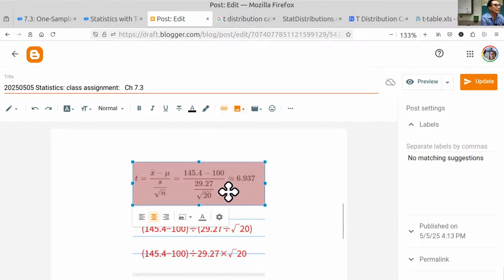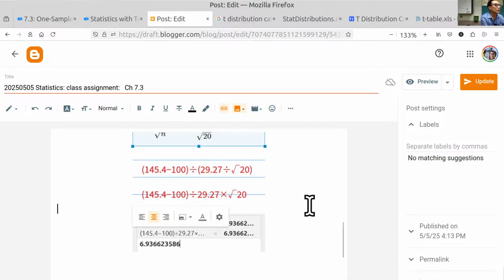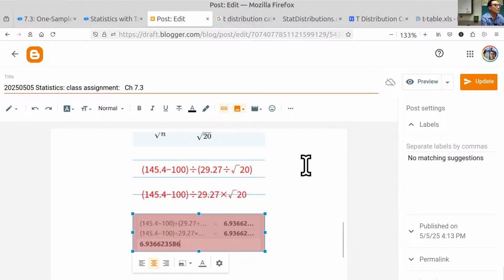See, I placed the calculation and how to type it on my calculator into my notes.